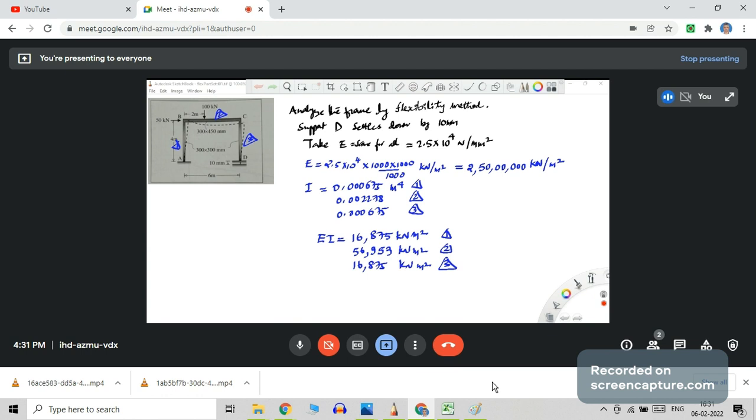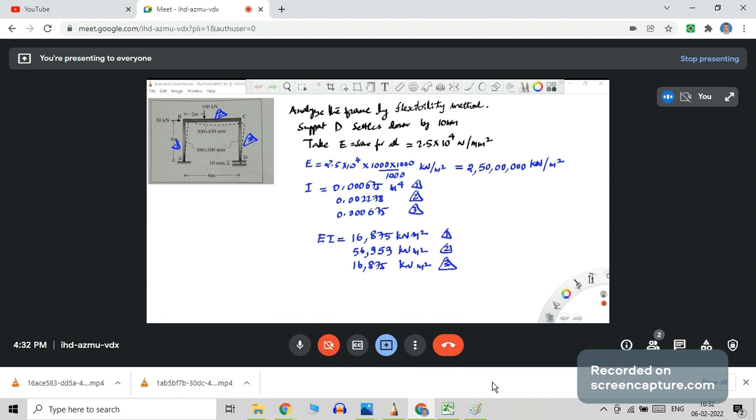So we remember we have capital X, small x, capital R, small r, capital Q, small q in our formulations. So, as far as possible, it is better to take the support settlement into the small x vector. How to do that? Try to assign one of the redundants towards the support settlement direction, or location where the support settles.